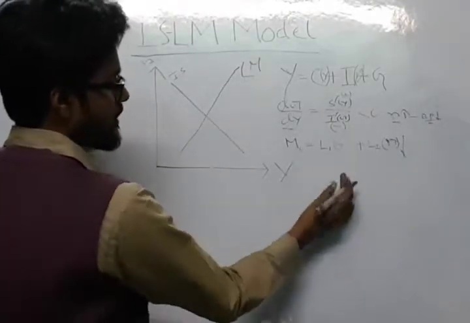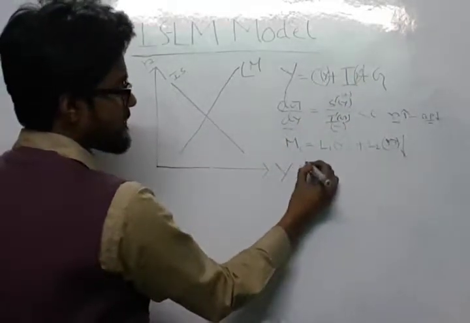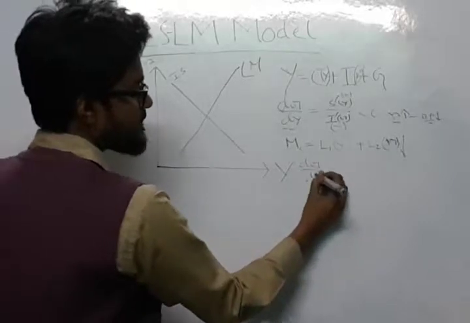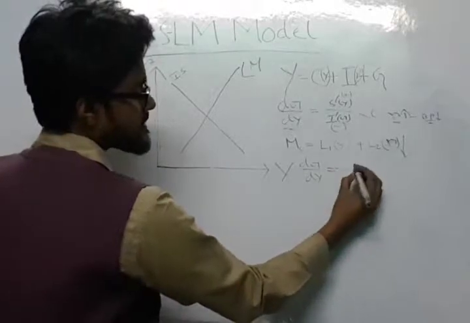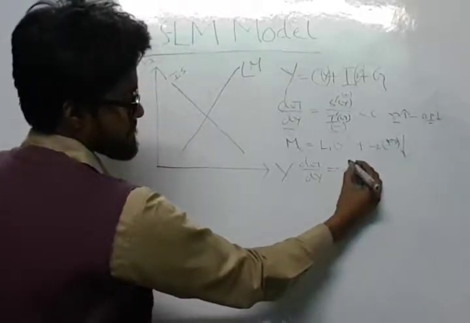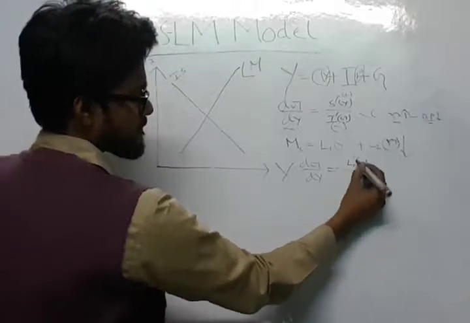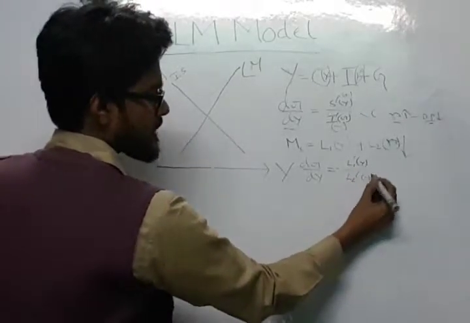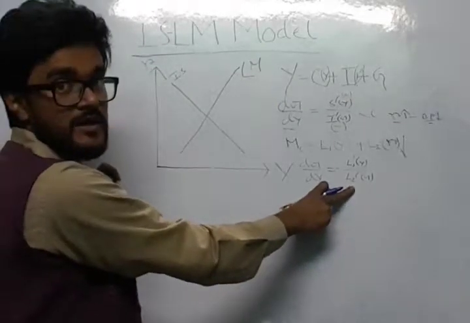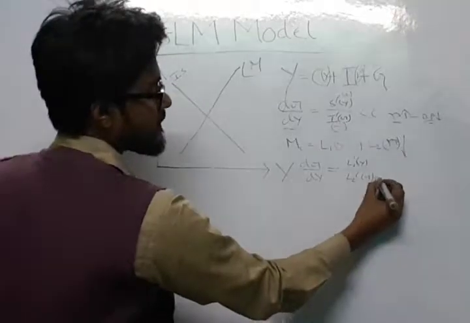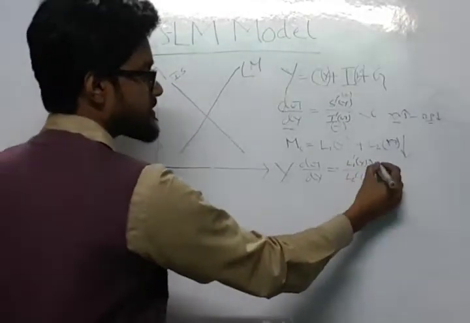And also here, this is the LM curve, this is the IS curve. Now if you write down the slope of the LM curve, it will be dR by dY equals minus L1 dash Y over L2 dash R. As you know, the relationship between R and L2, which is speculative demand for money, is always negative, and the relationship between transaction demand and income is always positive.